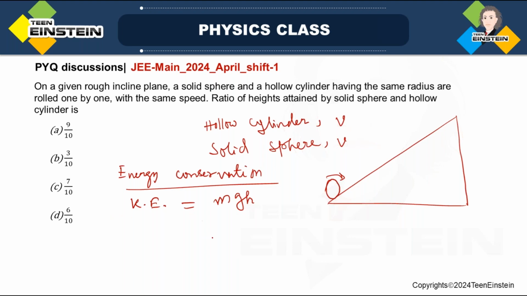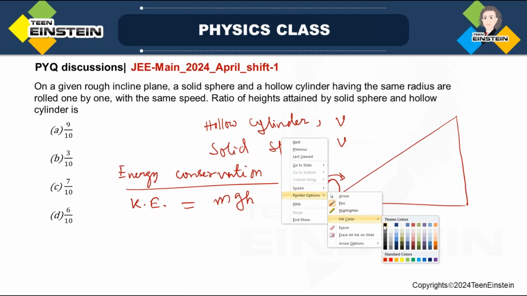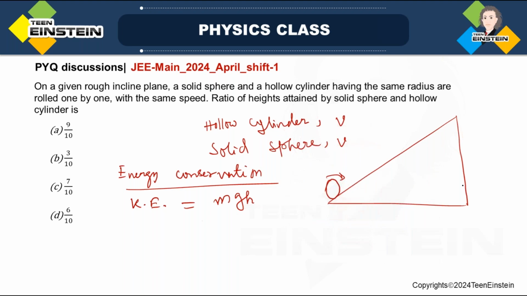Okay, so now here, what is the total kinetic energy? What is the total kinetic energy here? For rolling body, see here, it is actually rough surface. Okay, so there will be no slipping, rough inclined plane, so there will be frictional force.